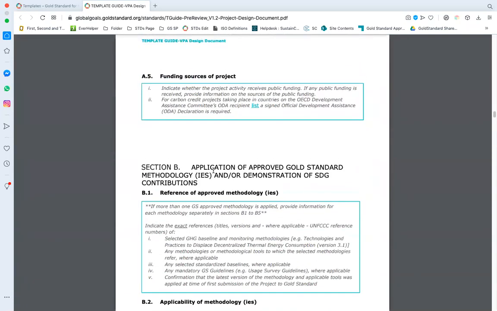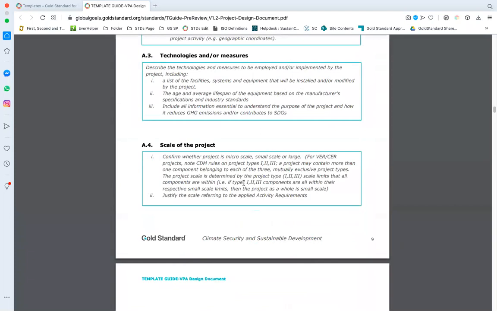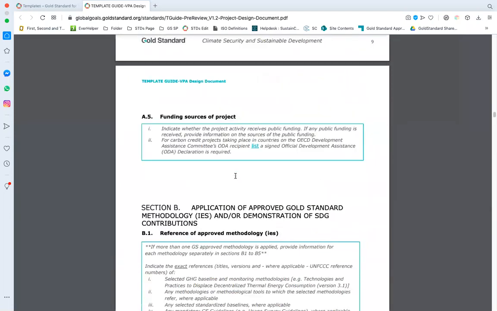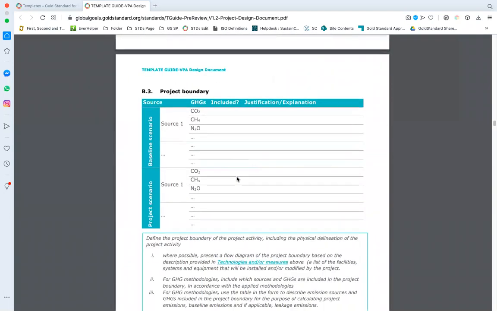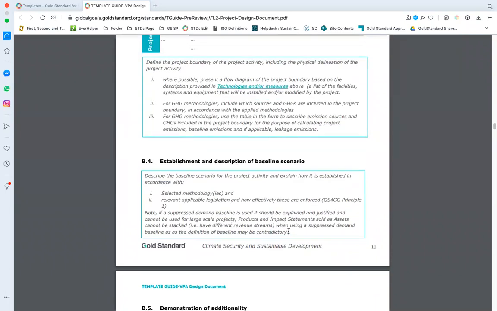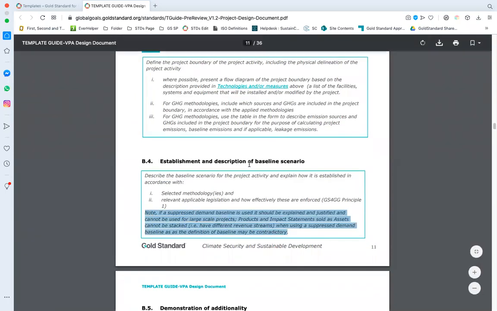For each relevant section, if there is a tricky rule, for instance, a suppressed demand baseline cannot be used for large scale projects, we're aware that some people may not intuitively understand that from reading the standard, so we've provided a signpost in the relevant part of the document. For example, establishing the baseline.